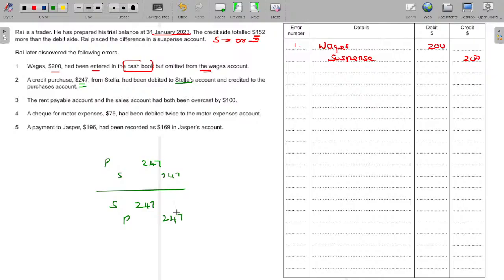Now it is a complete reversal, so to reverse this you have to double this value. Then the correction entry is purchases account debit and Stella account credit, the value being 494.